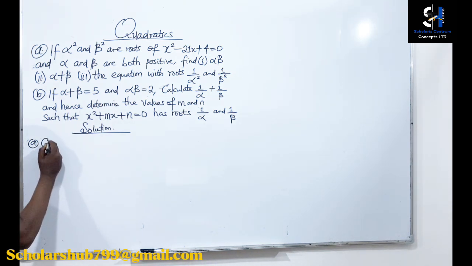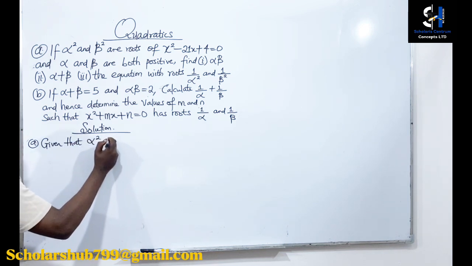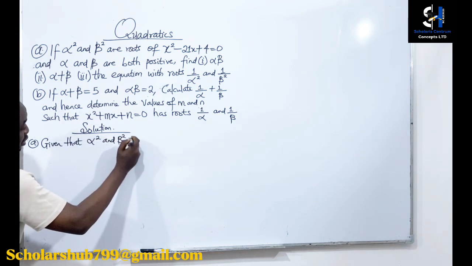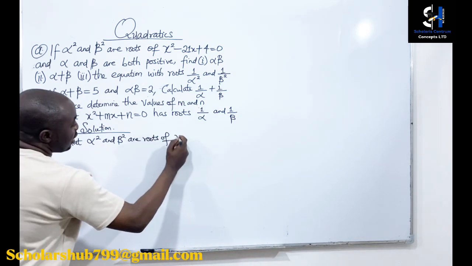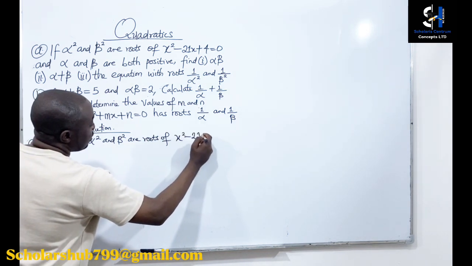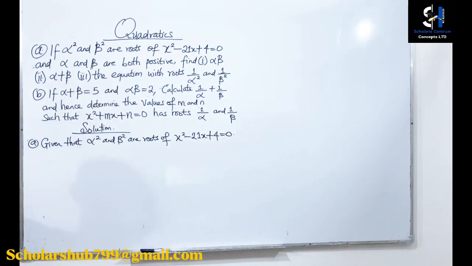Now we're given that alpha squared and beta squared are roots of x squared minus 21x plus 4 equals 0.